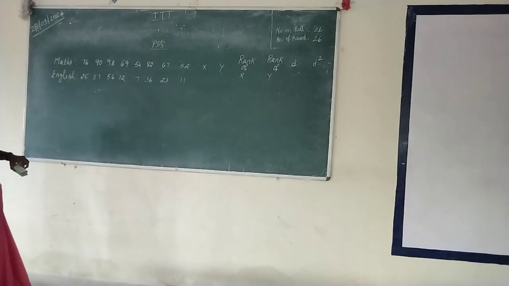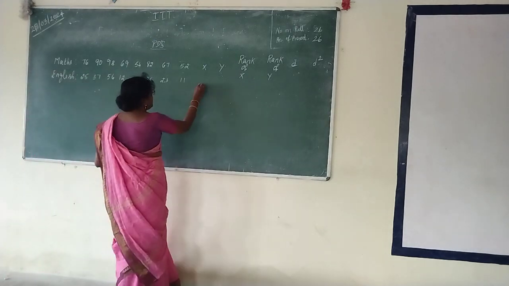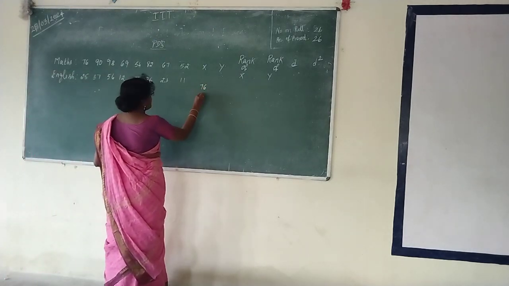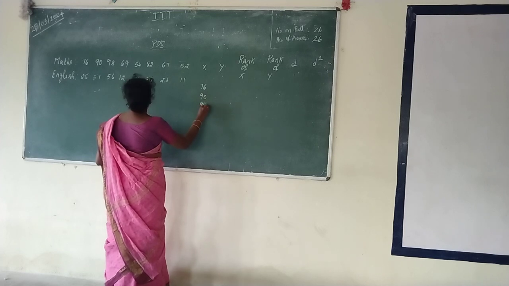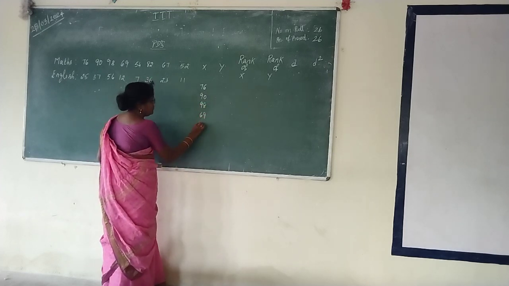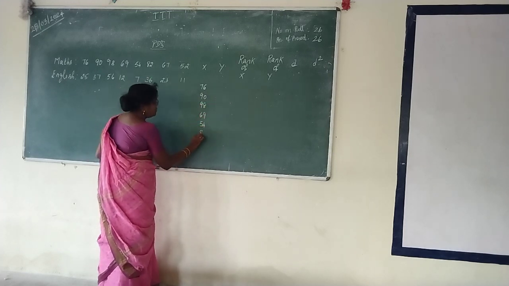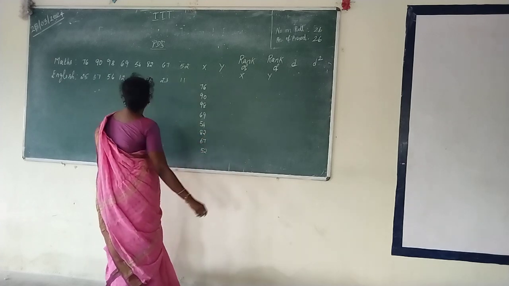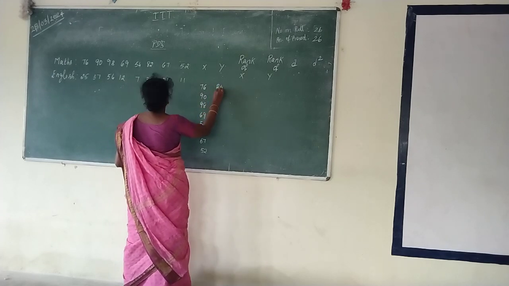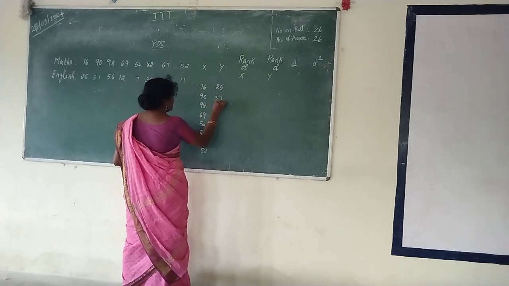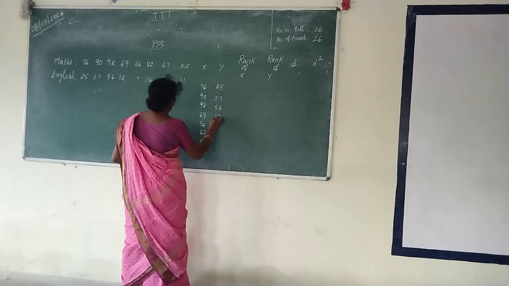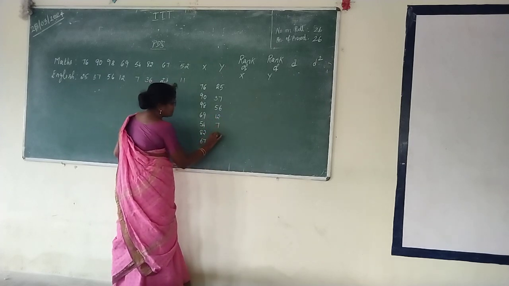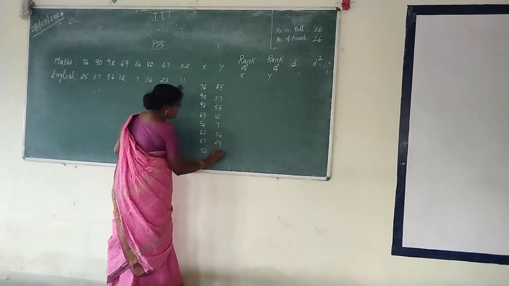So write the given data. For Maths it is given to be 76, 90, 98, 69, 54, 82, 67, 52. For y it is given to be 25, 37, 56, 12, 7, 36, 23, 11.